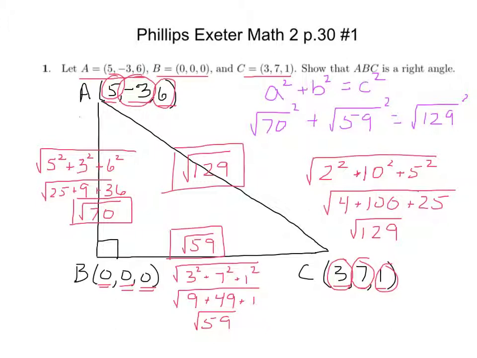We can simplify by, I guess we'll call it canceling, but we have a square of a square root, so we get 70 plus 59, that equals 129, and that checks.